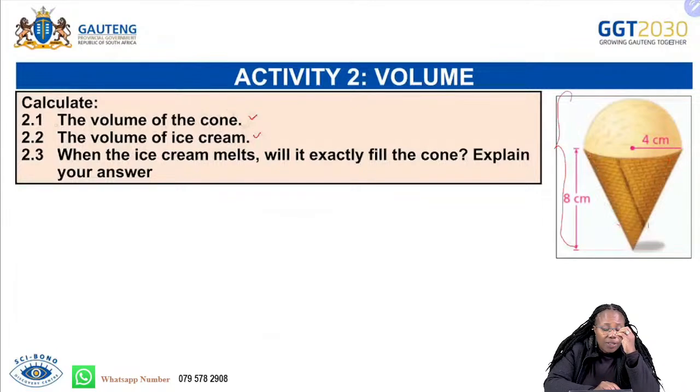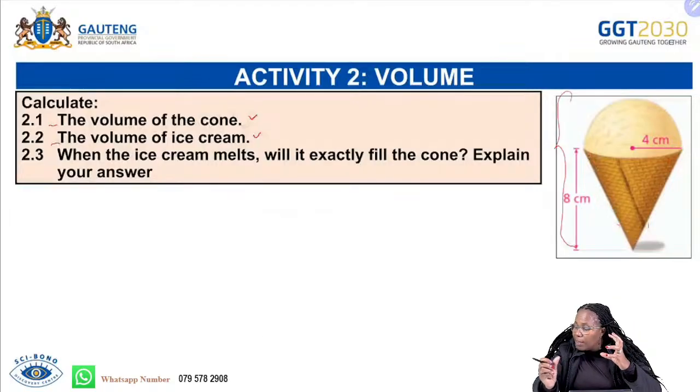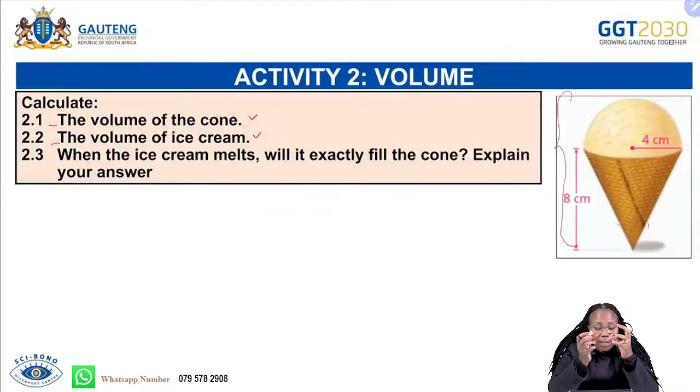This is the procedure as they are guiding you there. You need to calculate the volume of the cone separately, calculate the volume of the ice cream separately, and check now, do the two volumes fit together or are they equal? Then if they are equal, yes, it can easily fit inside that particular cone, grade 12.